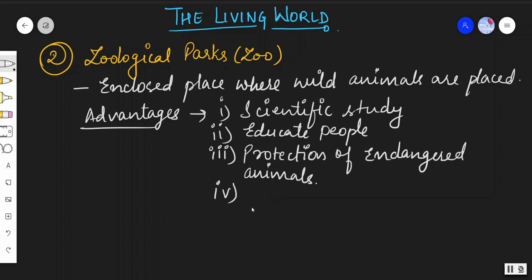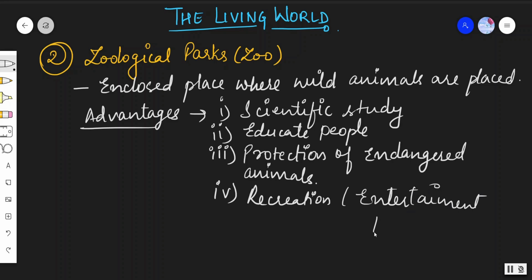It's not a single thing that is responsible. So these zoos provide protection for these endangered species, and obviously recreation, that is the entertainment part, for entertainment purposes as well.